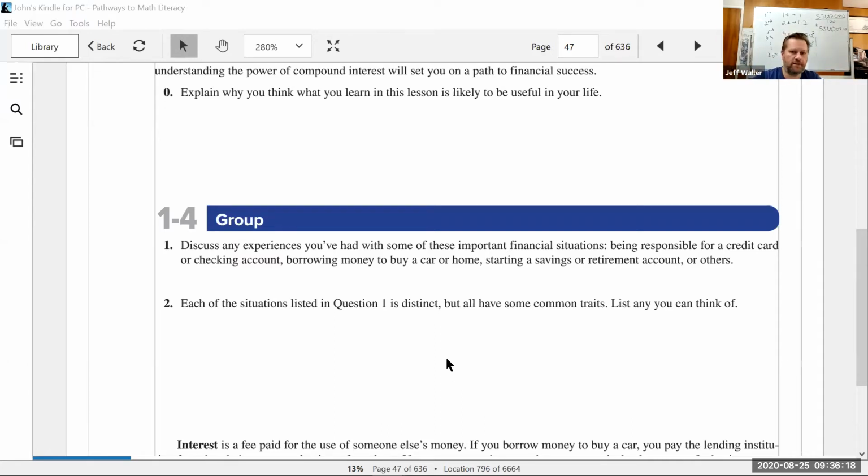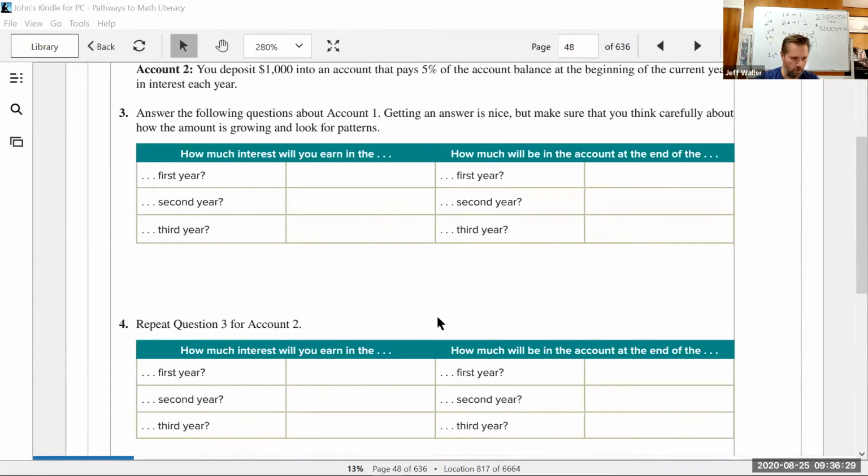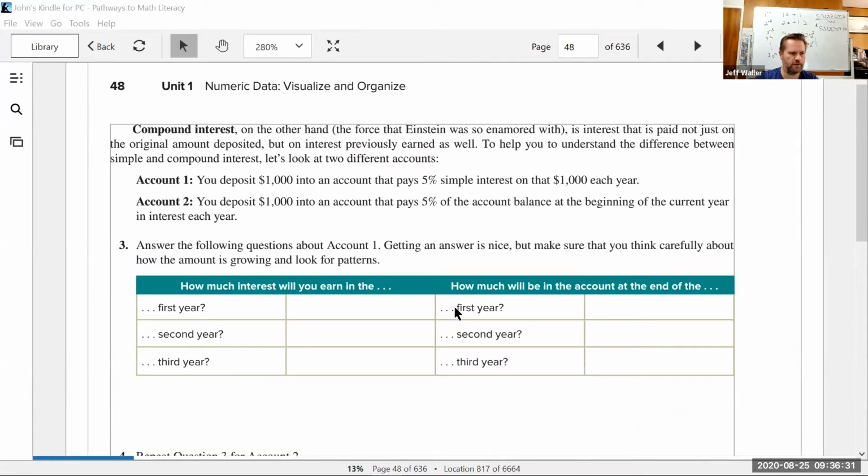Simple interest is just, if you put $1,000 in, they calculate how much 5% is and keep adding that same amount every year. So here's an example of that. Let's look at account 1. I put $1,000 in that pays 5% simple interest on that $1,000 each year.